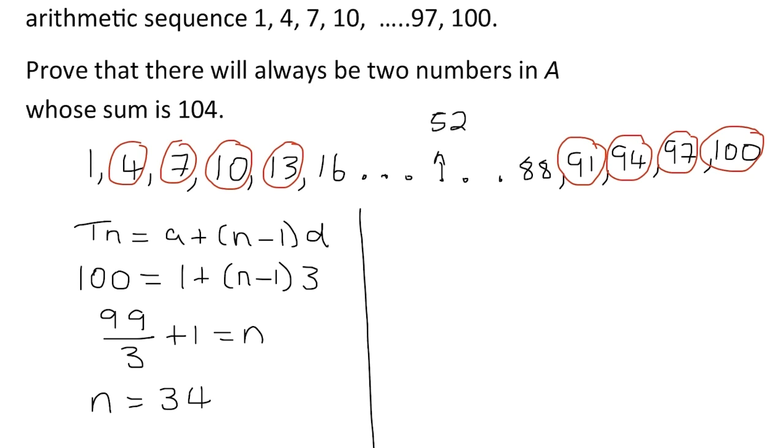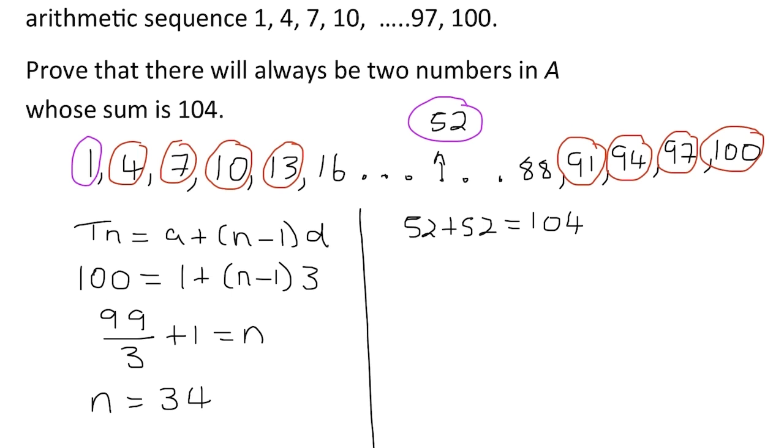Because to get 104, we will need 52 plus 52, which is 104, and we only have one 52 in this sequence. Okay, so we know that 1 and 52 do not have partners, so we can't pair them with anything to give us 104.